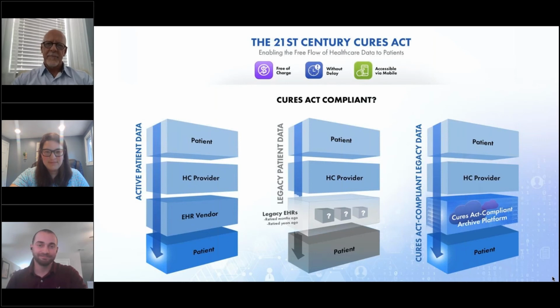Yep. It's interesting to me that you mentioned that there are already patients that have filed complaints for information blocking, that these patients are already aware that there's this rule out there. Now, we've seen similar conversations around release of information when maybe it wasn't as timely as the patient would have liked.